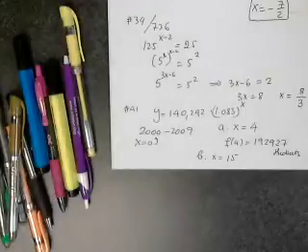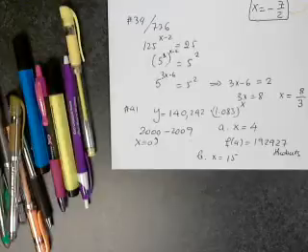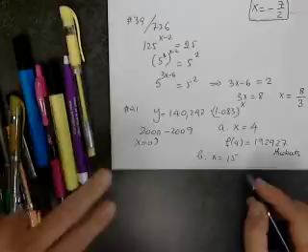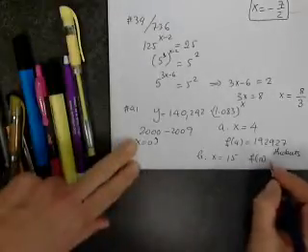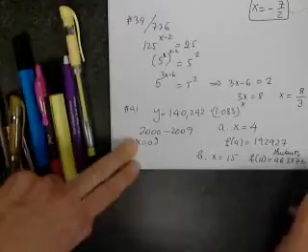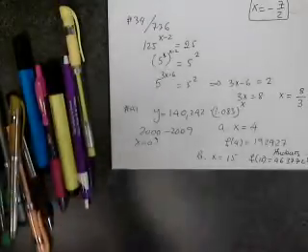All I have to do is just plug in 15. And here's what I got. 463772. So f of 15, 463772 students.